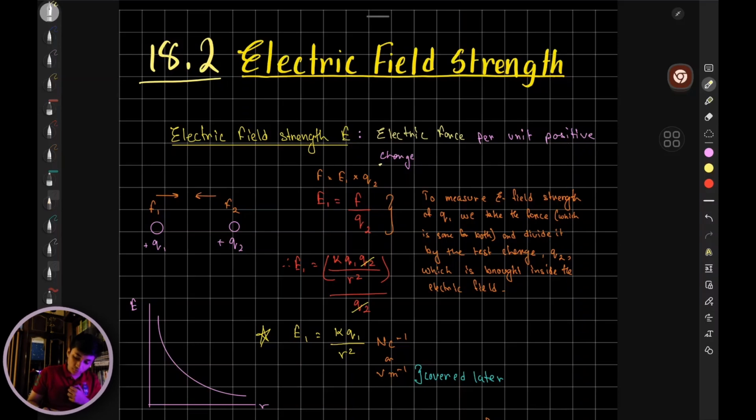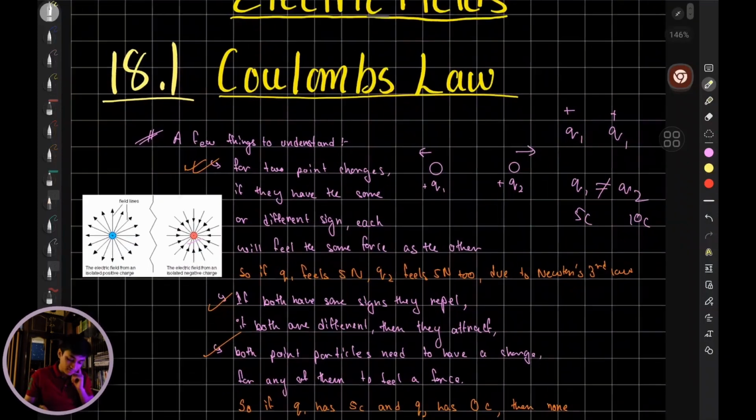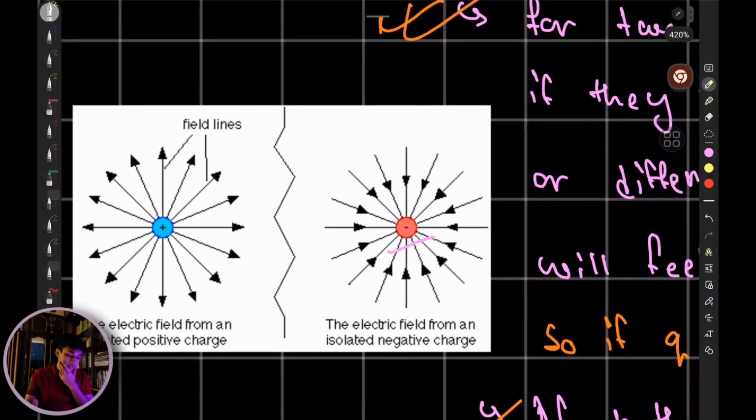So we always think of the field lines in terms of positive charge. If you remember, in the last video we were talking about field lines, and I told you that we bring in a positive charge to determine the field lines. I'll mention the entire thing in this video.